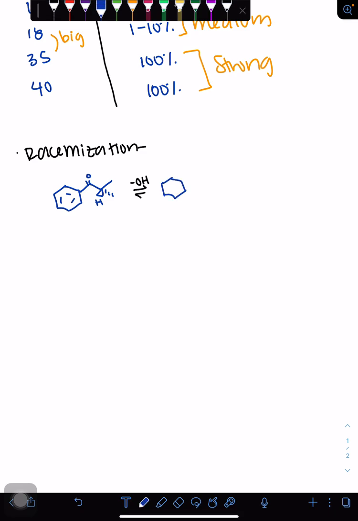We'd get this ring, and its resonance structure, where the hydrogen is in the back and the methyl group is in the front. Because this one is the S, this one's also an S, and then this is an R.